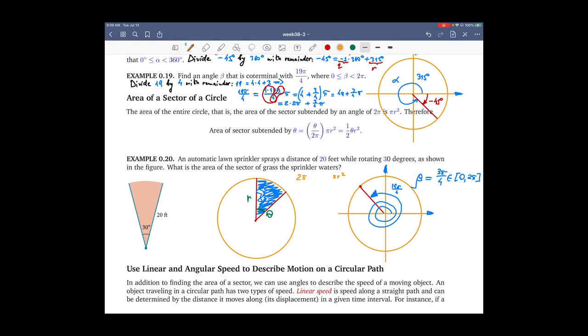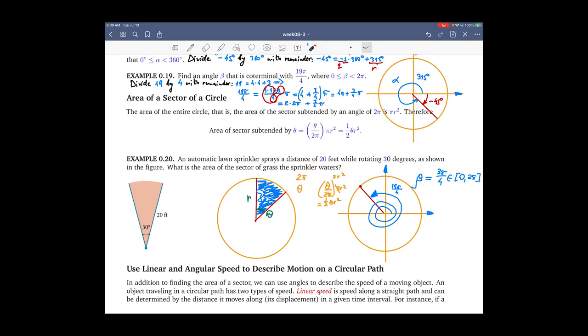The angle measuring theta radians will be theta divided by 2 pi times pi r squared, which is of course simply 1/2 theta radius squared. A simple formula. Central angle is 2 pi, area is pi radius squared, central angle is theta.